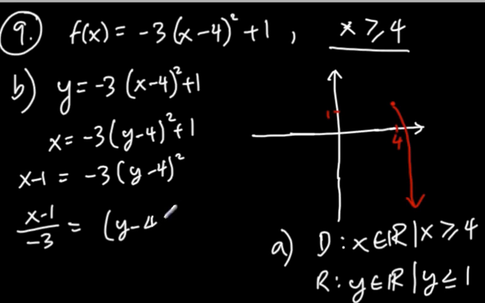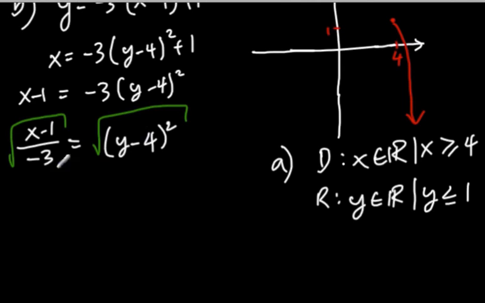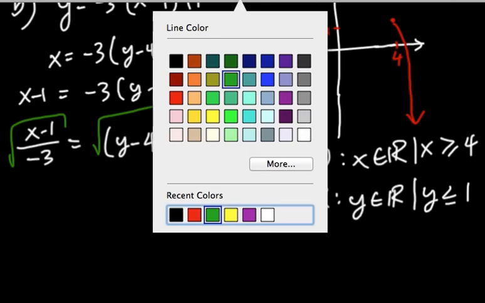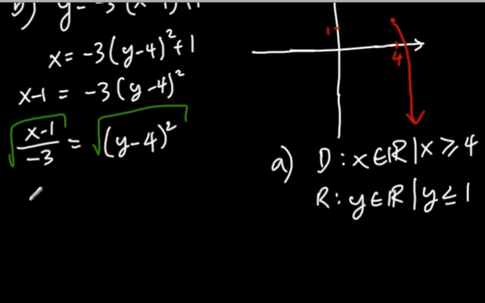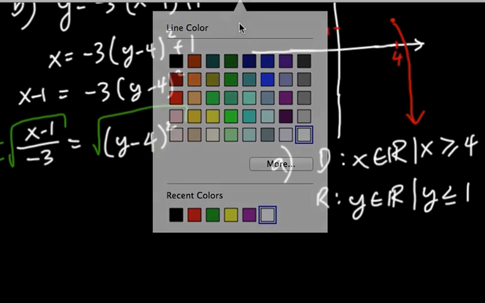(y minus 4) squared. So what we're going to do now is square root both sides because I need to get rid of the square term. And keep in mind, I'm going to keep this as plus or minus because we have to determine whether it's going to be plus or minus, and we'll do that in a second.